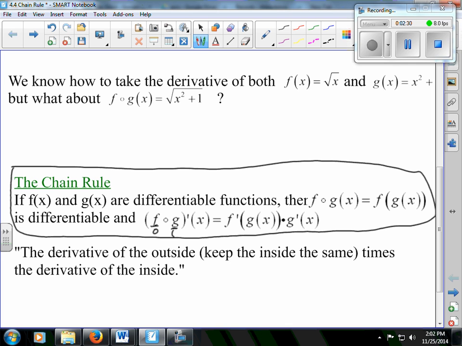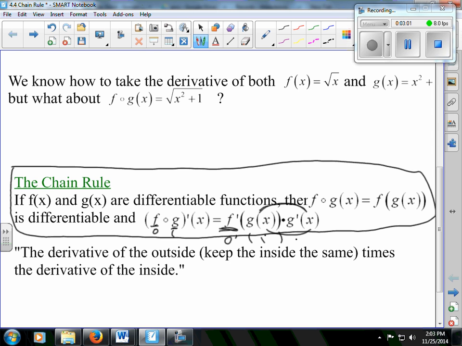The way this works is you do the derivative of the outside first, and you leave the inside alone. Inside stays there. Then at the end, you multiply by the derivative of the inside. So it's the derivative of the outside, keeping the inside the same, then multiplying by the derivative of the inside. The inside is linked: you keep the inside the same, and then you multiply by the derivative of it.